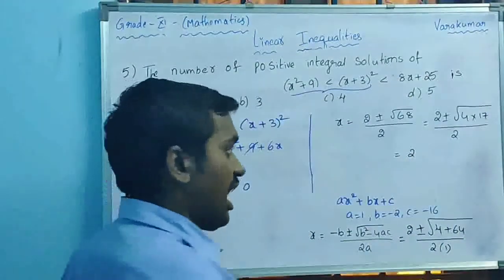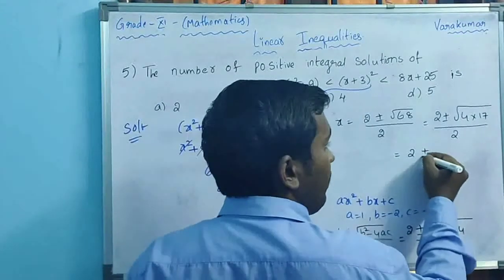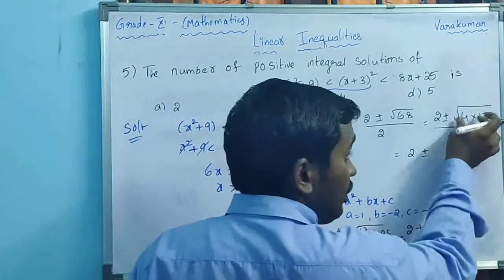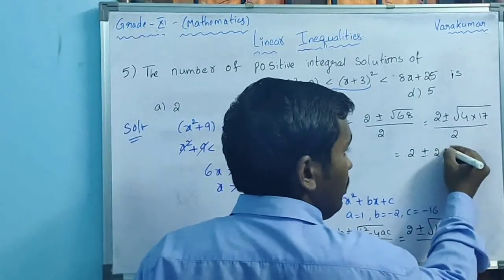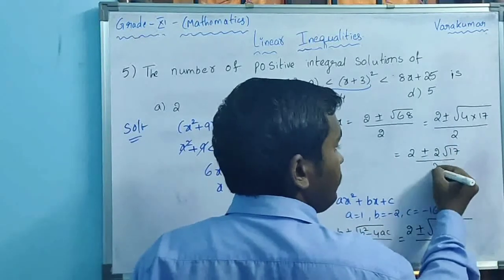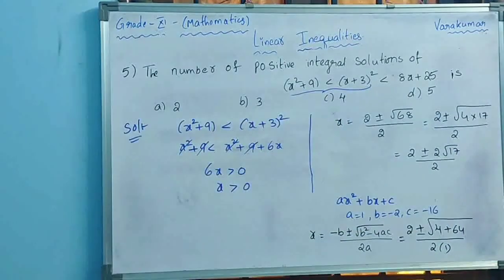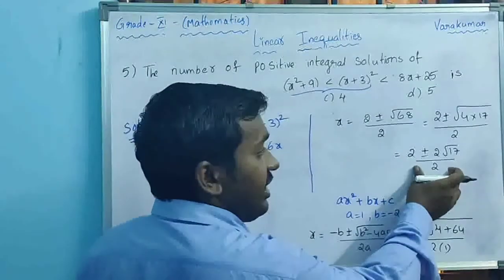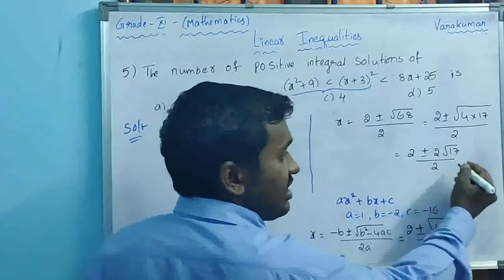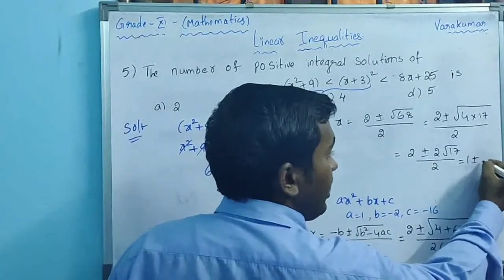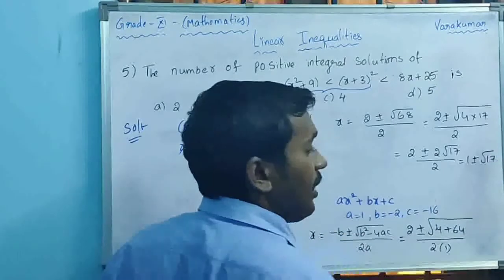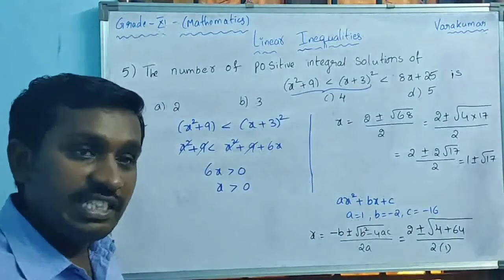If I bring it out, it becomes 2 plus or minus 2 into root 17 by 2. Next, the 2 cancels. So overall you get 1 plus or minus root 17.